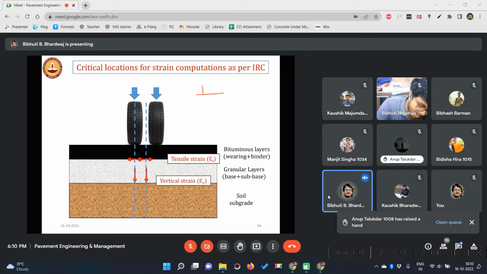suppose I have applied a load like this, okay, and this is another material. This is material 1 and this is material 2, and on it I have applied some load. Now we know that at the center there will always be a critical point, so we need to figure out what the strain is at the center.